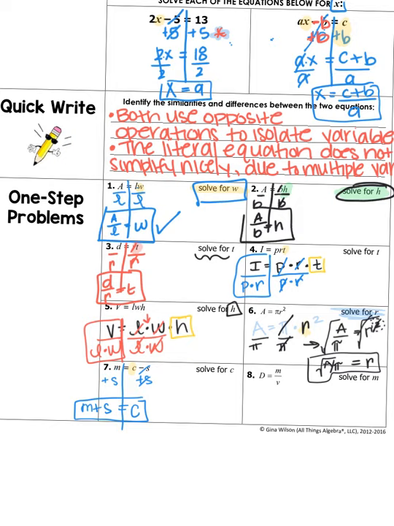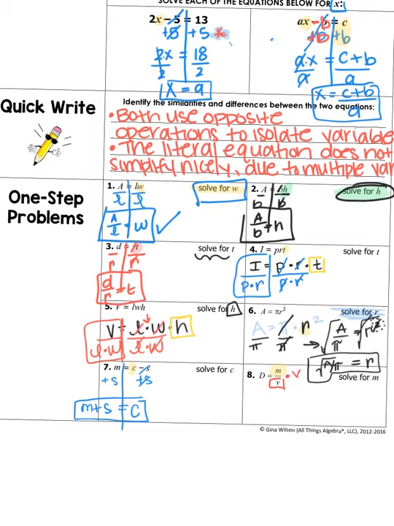All right, last example here. It says d equals m divided by v. And I want to get the m by itself, which means I better get this v away in order for the m to be by itself. The opposite of division is multiplication.